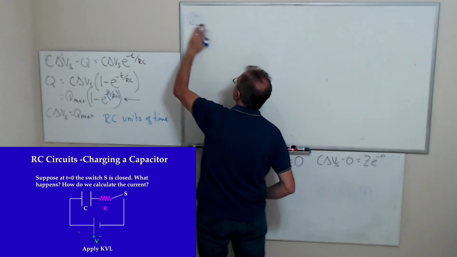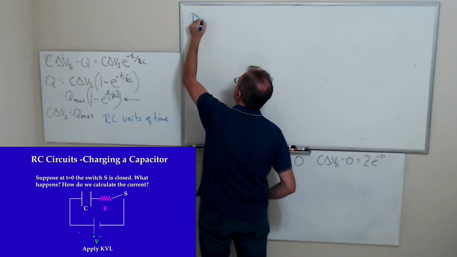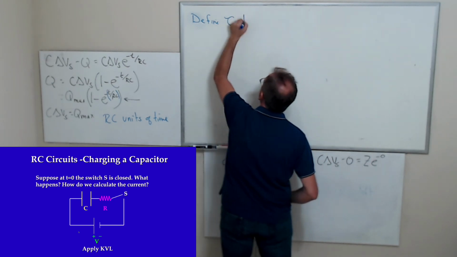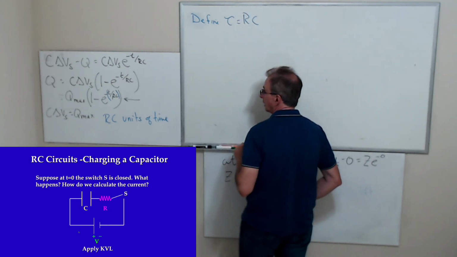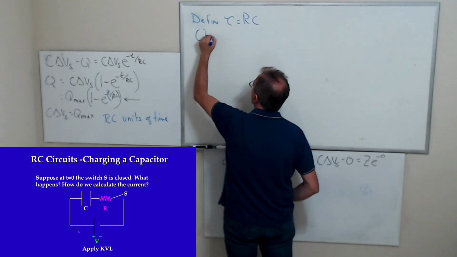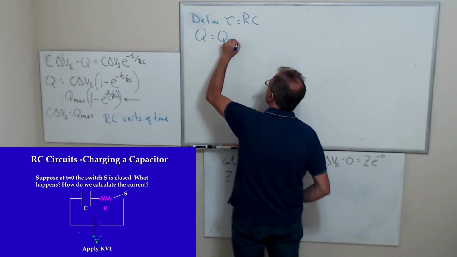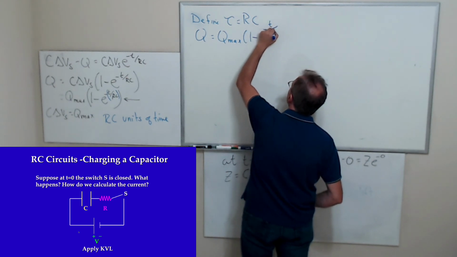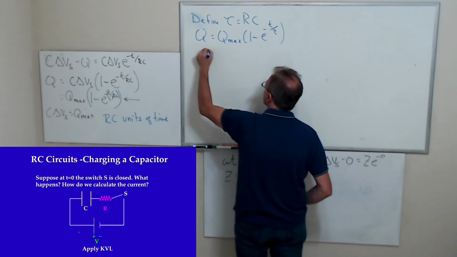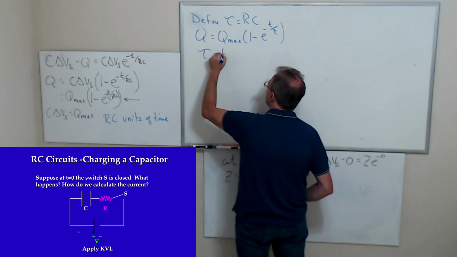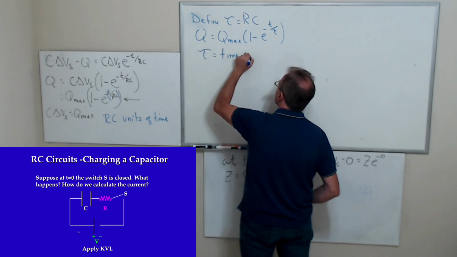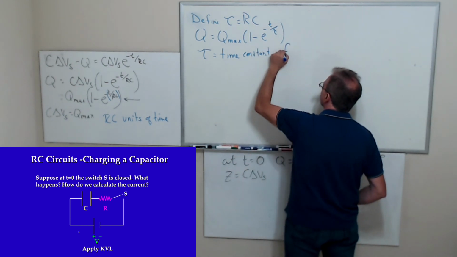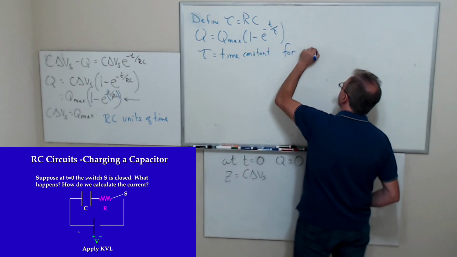Okay? Units of time. So a lot of times we'll write the following. Define tau equal to R times C. And we say then Q equals Q max times 1 minus e to the minus t over tau. Tau is called a time constant for the circuit.